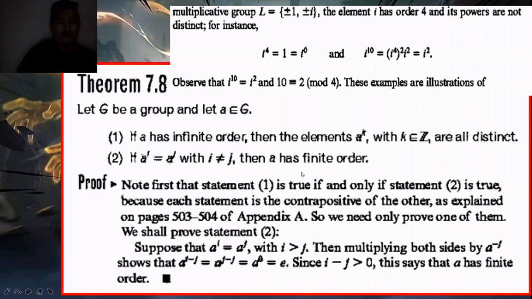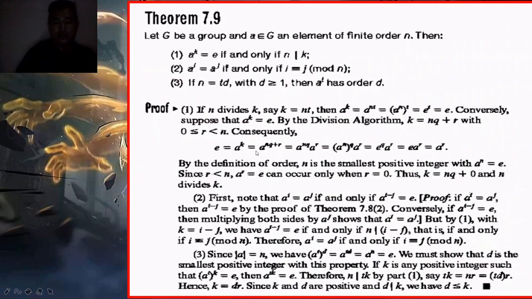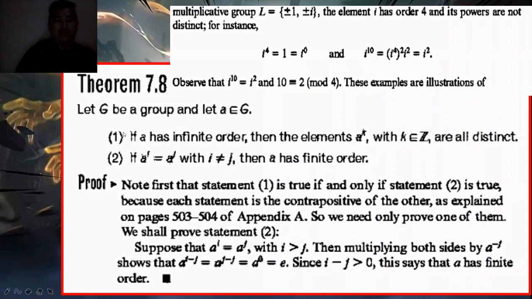Okay, proof. Note that statement 1 is true if and only if statement 2 is true. If statement 1 is true, then 2 is also true. So we only need to prove any one of them.